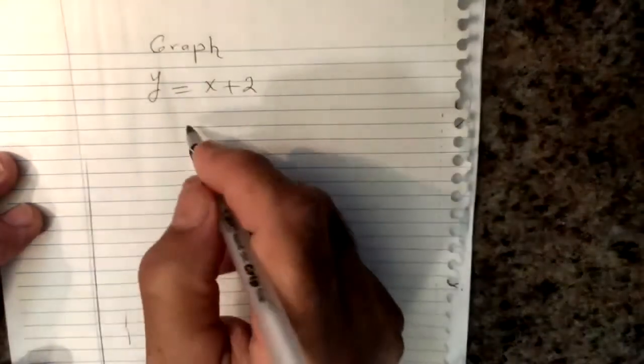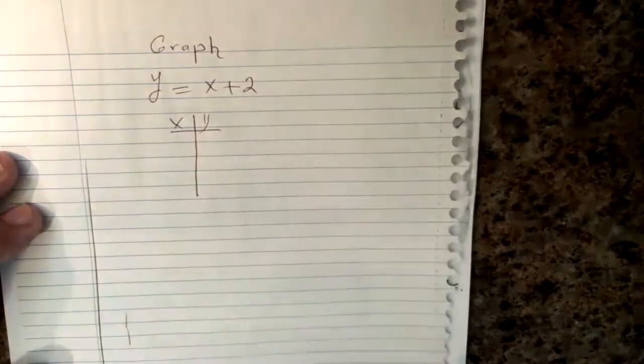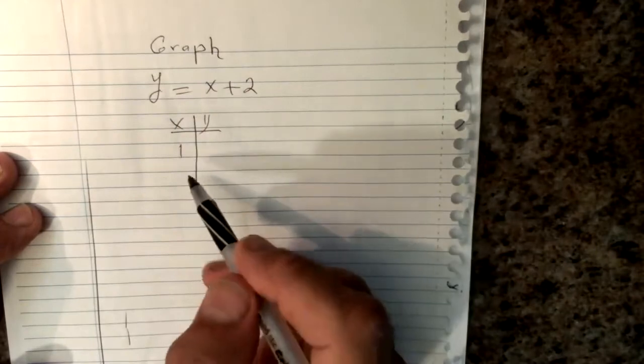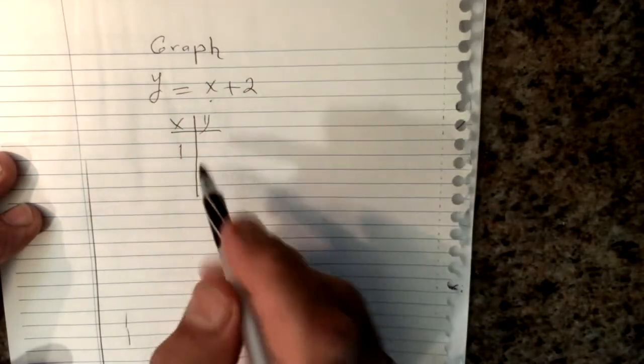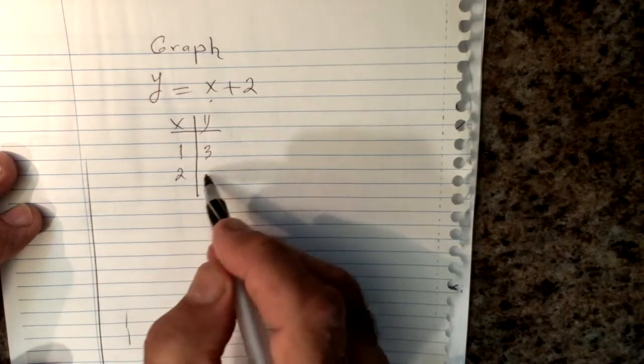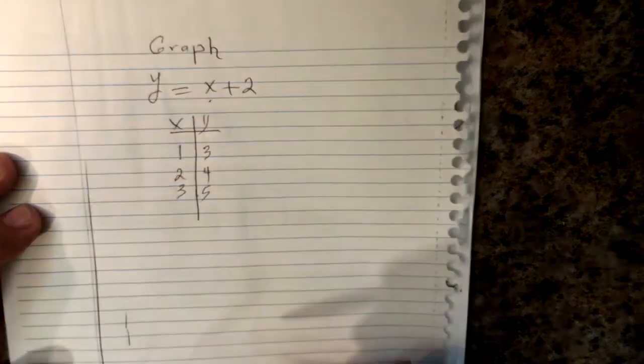In order to graph that, you come up with some arbitrary numbers for x. Let's say x equals 1. How do I find the y value? You take this one and substitute here. So x is 2, y is 4, x is 3, y is 5, and so on, right?